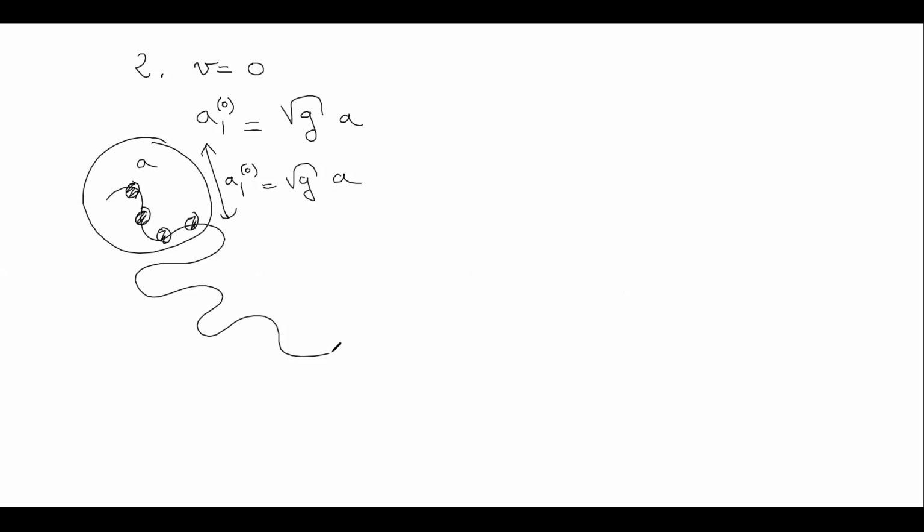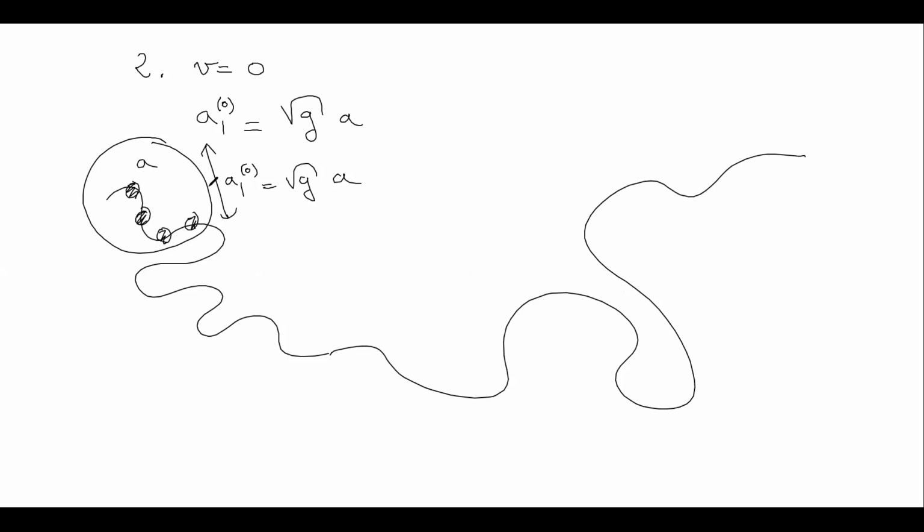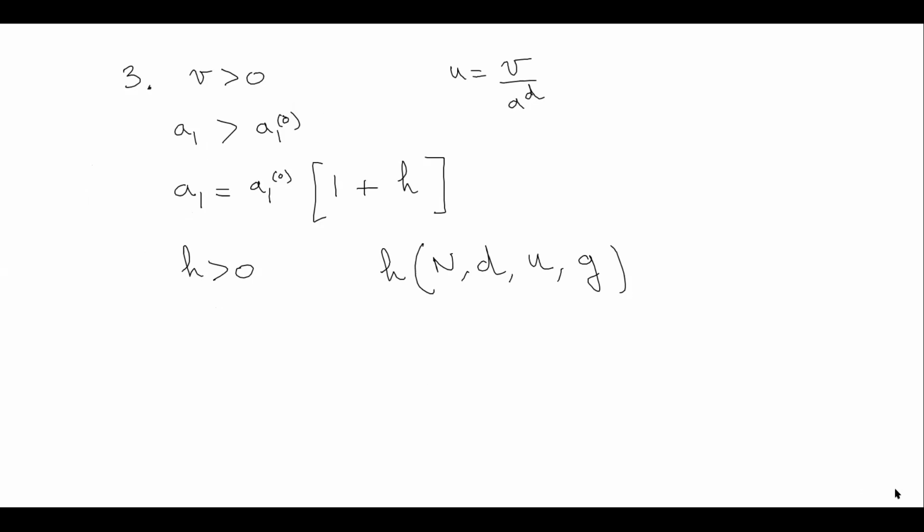But if I double the length of the polymer, do I really change the size of that subunit? Do you think there will be a dependency in the total chain length? No. Okay, so we expect that it doesn't depend on the total length.